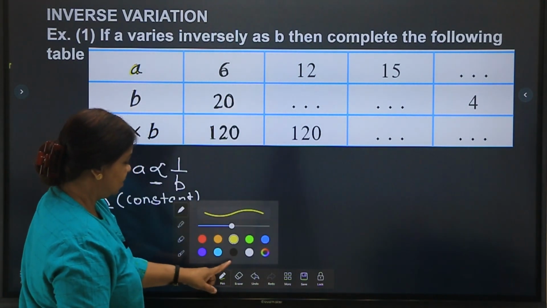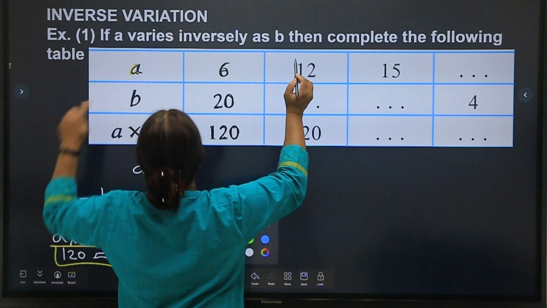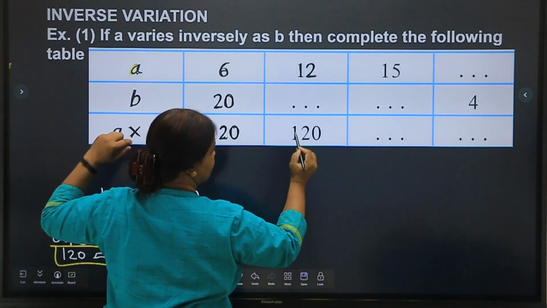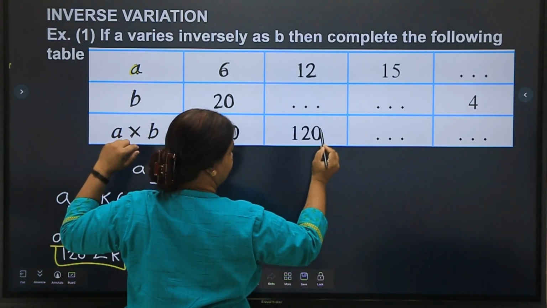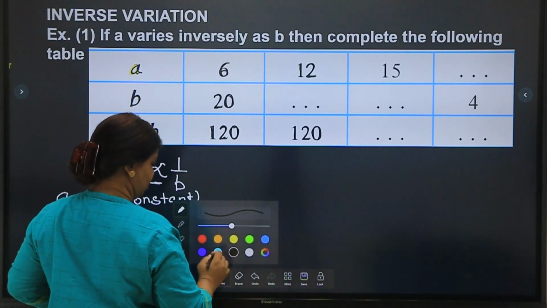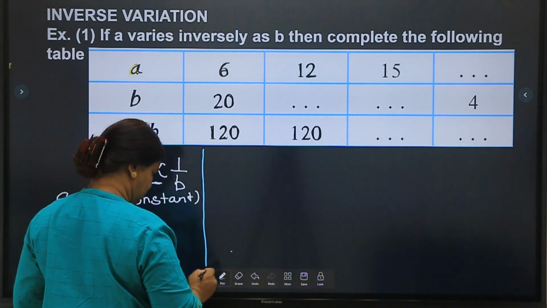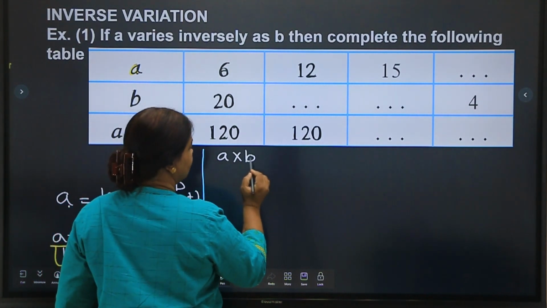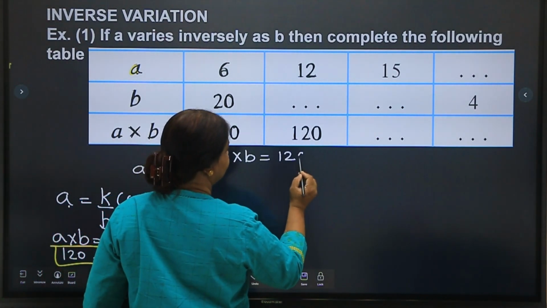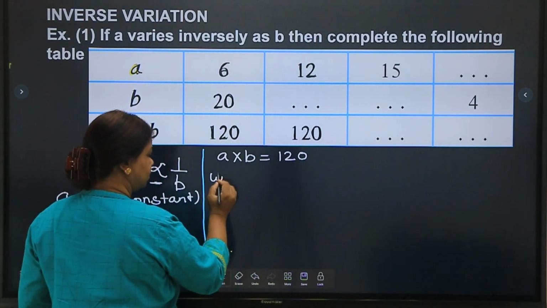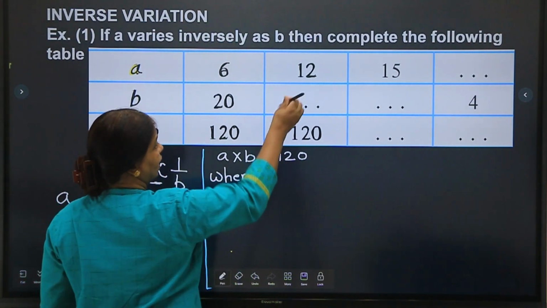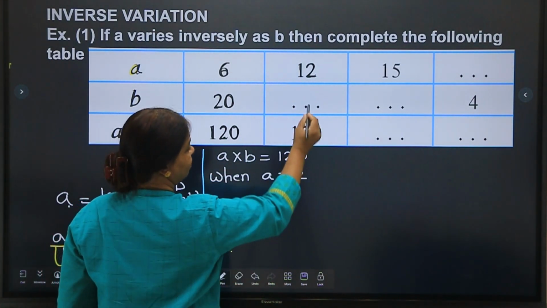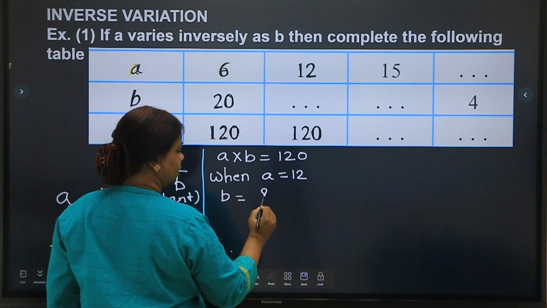The next part: A value is 12 and A into B is given as 120. So when A is equal to 12, what will B be?